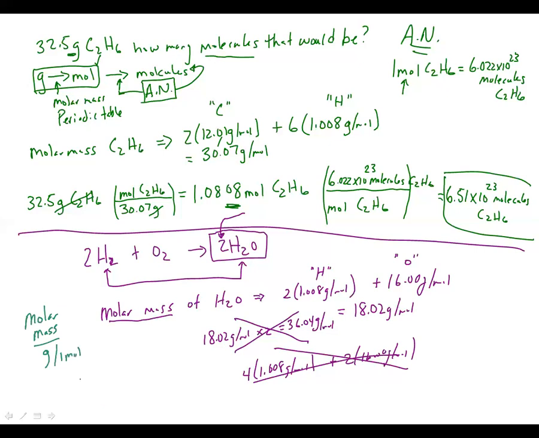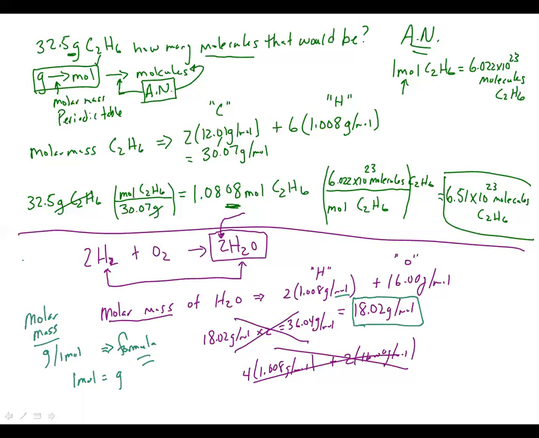So 1 mole of something, how many grams there are. And that means the mole always has to be 1. That means when you do the molar mass of anything, it is always from the formula, regardless if there's a coefficient in the balanced equation. So water would be our 18.02.